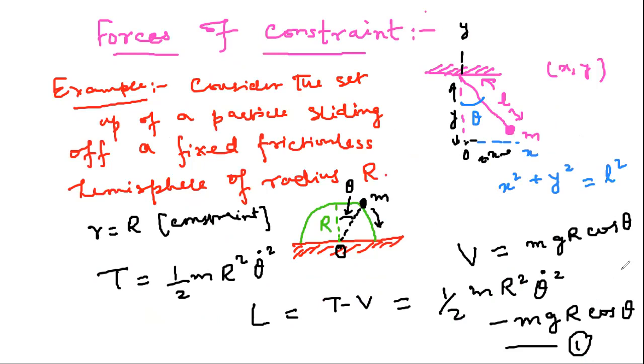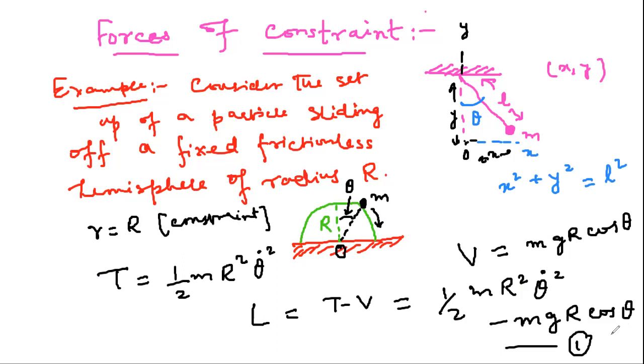That reduced our number of variables. We had only one variable which changes with time, theta, and only one Euler-Lagrange equation in theta. The Lagrangian was simple. But from this picture, we cannot figure out the force of constraint, right? So when we are just concerned with the equation of motion, we are not interested in finding the force of constraint. We apply the constraint at the start and reduce our number of variables, and find the Euler-Lagrange equation.